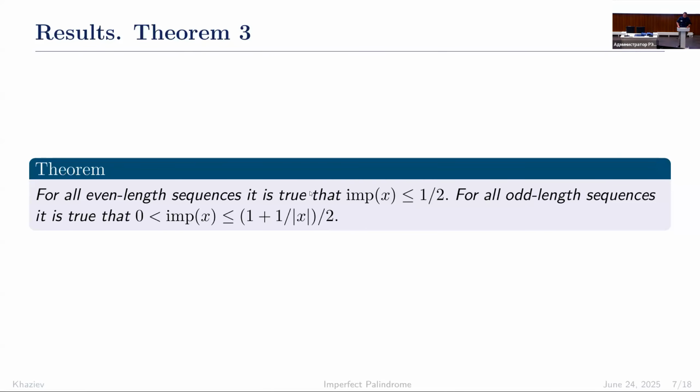It's pretty easy to prove because the distance from an odd length sequence to a perfect palindrome is at least 1, so imp of x would not be 0. And if we try to compute the right part, it would also show that the right part of the inequality is also true.